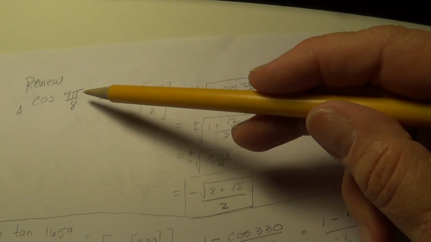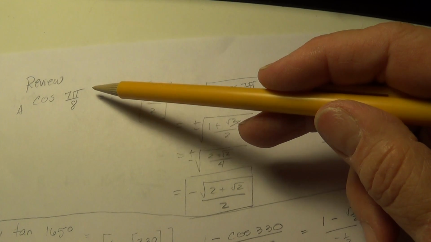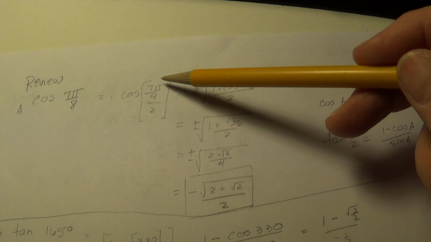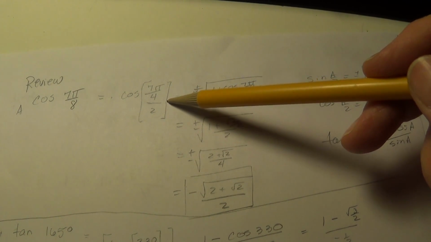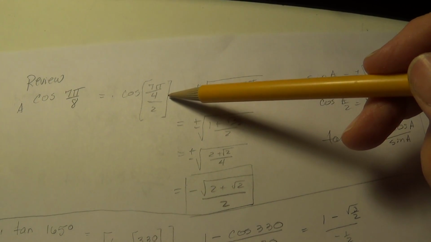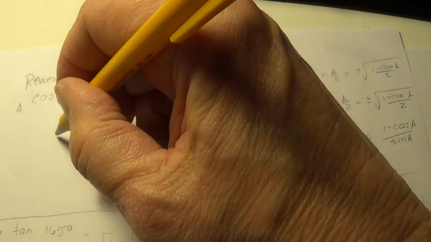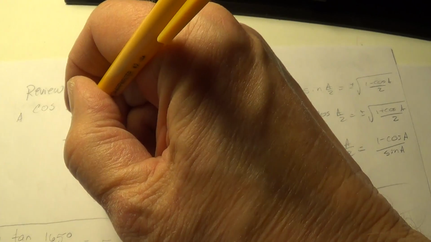So when you double 7 pi over 8, you multiply it by 2 over 1, which is 7 pi over 4. When I multiply by 7 pi over 8, this is what happened previously.